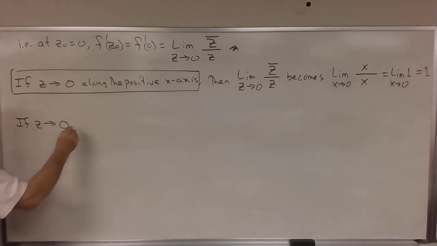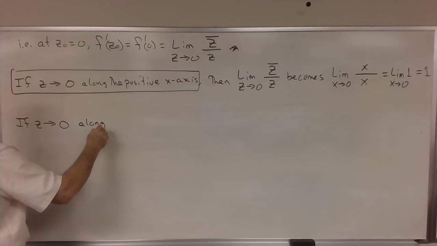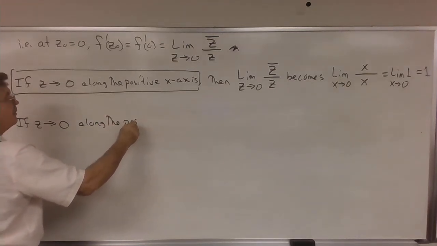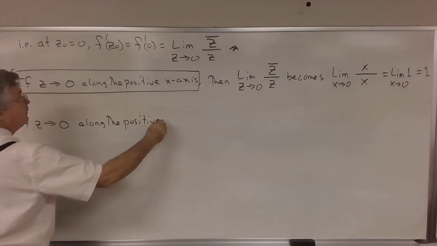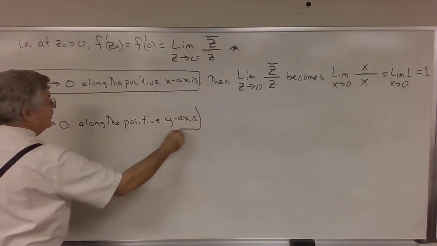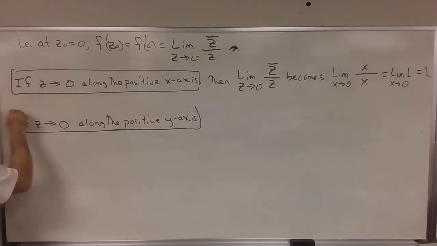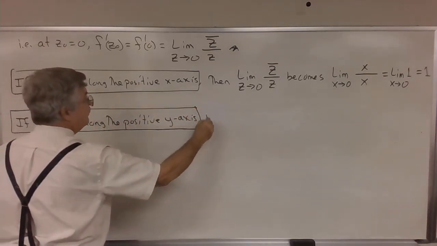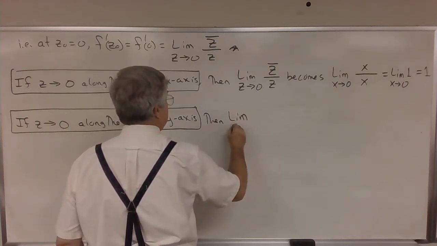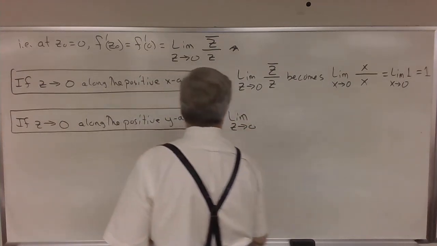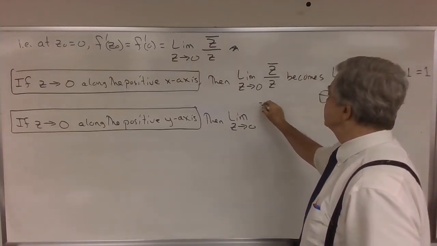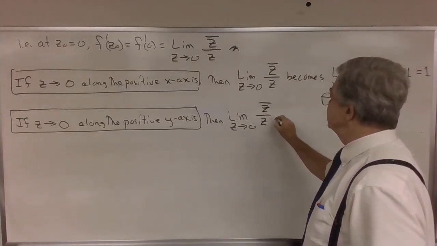If z approaches 0 along the positive y-axis, then our limit works out this way, z conjugate over z.